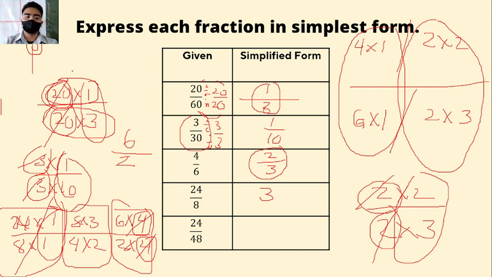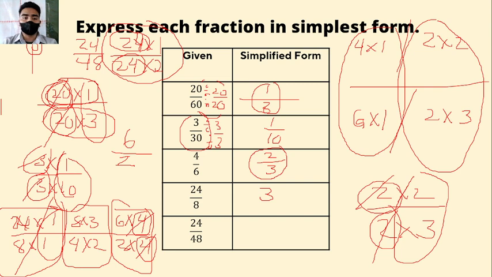How about 24 over 48? Yes, alright. So, it could be 24 over 48 or 24 times 1 over 24 times 2. Get it? Alright, so with that one, the common factors are 24 from your numerator and 24 from your denominator.